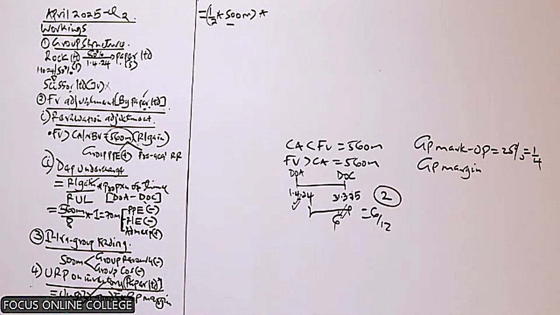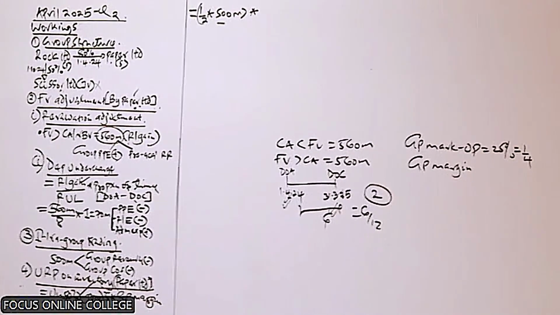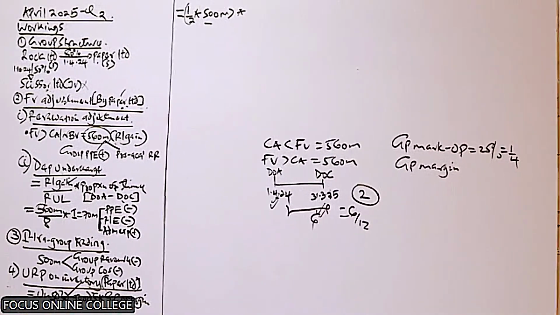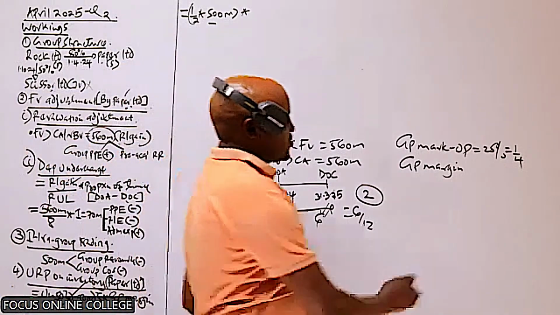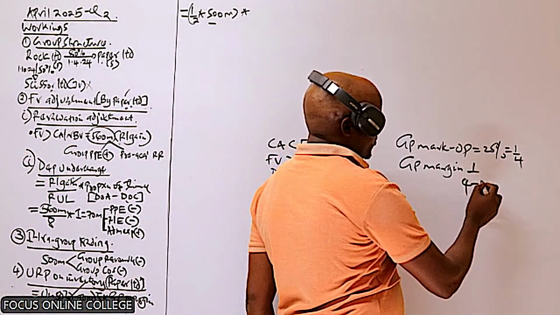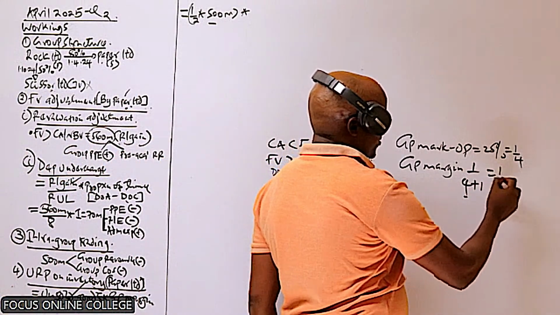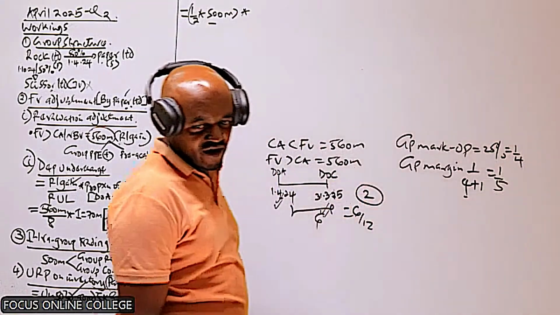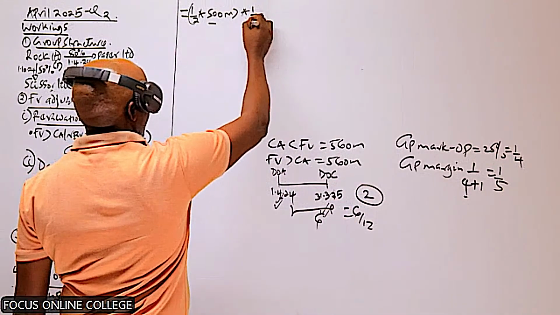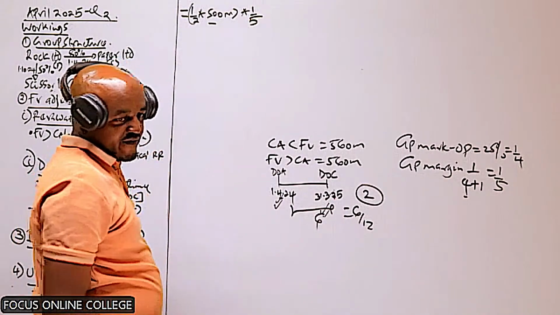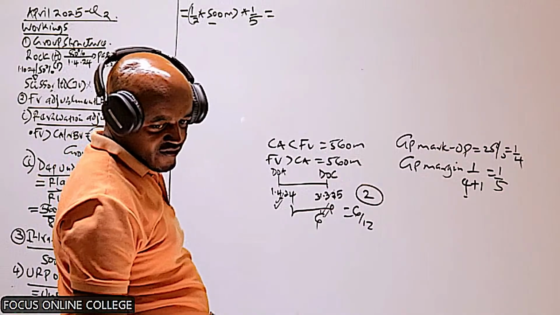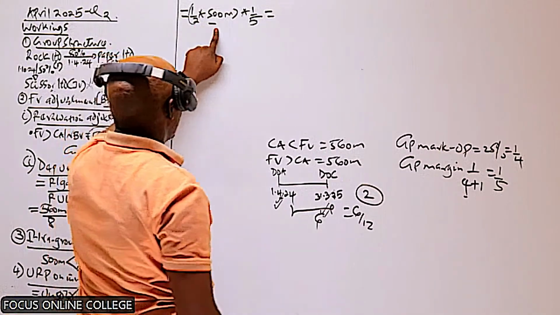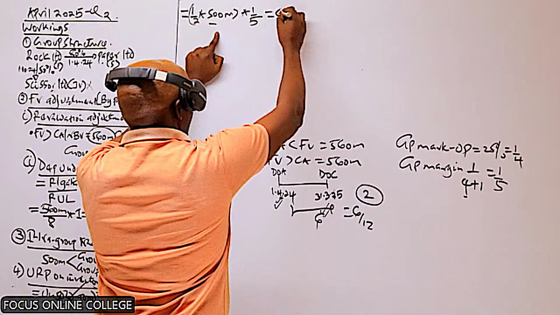As a fraction, the markup is a quarter, and to the denominator we add the numerator, so it will be 1 over 5. So the margin will be 1 over 5. How much will be our unrealized profit here? It will be half of 500 million times 1 over 5, and basically that will be 50 million.